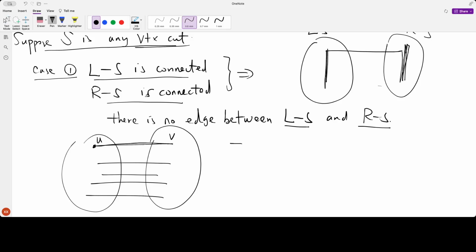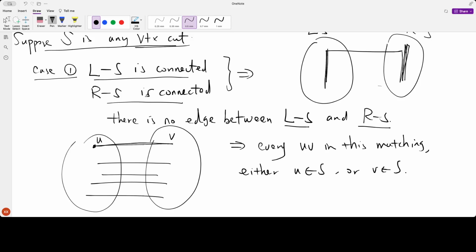So it means that each edge in this matching, each UV in this matching, either U is in S or V is in S.